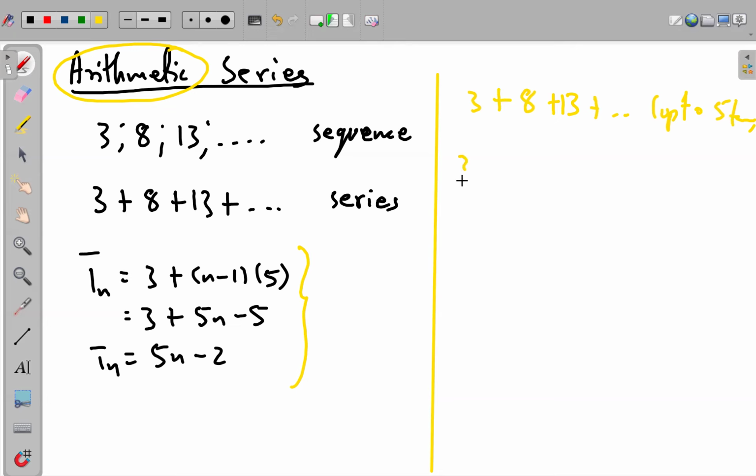Then you need to actually know what the 5 terms of this series are. If I've got 8, I add a 5, which is our constant difference. Then my next term is 18, and I add a 5 again. Then my next one will be 23, and I'm going to get penalized here because I have changed from series notation to sequence notation. So we need to be careful.